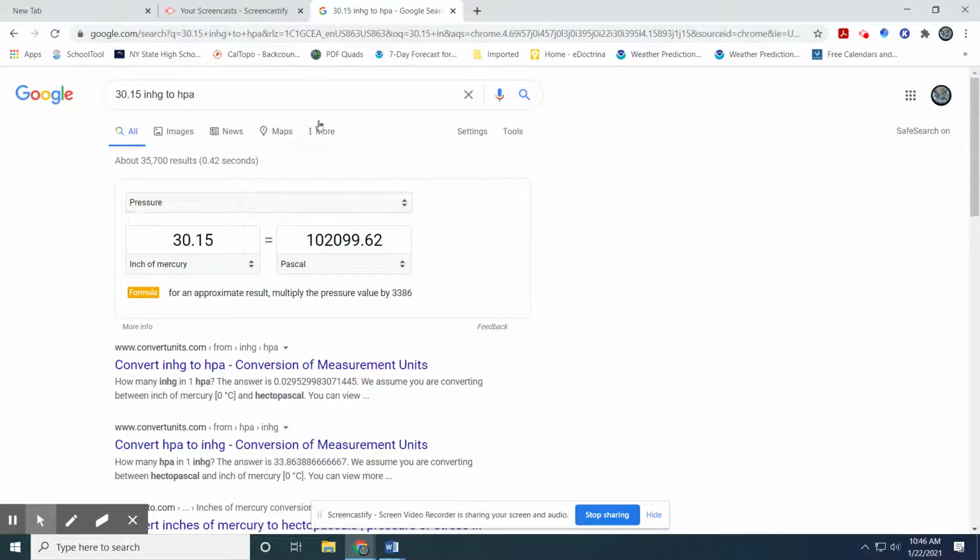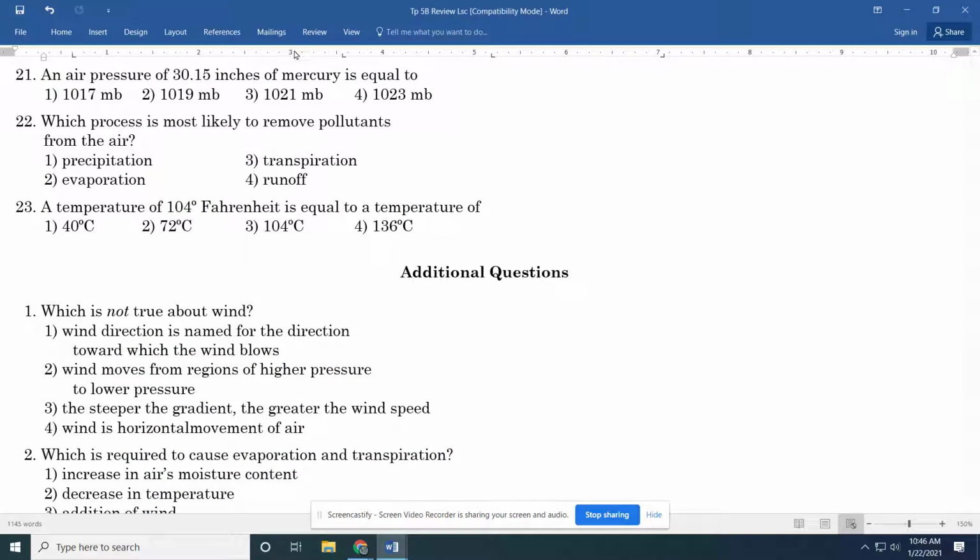Okay, so 21. Sorry about the delay there. Can't do everything off the top of my head. So 21. It's on page 13 in the reference tables as well.